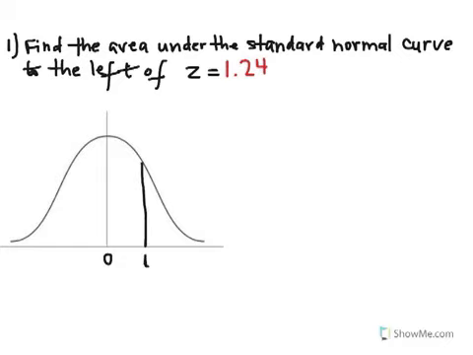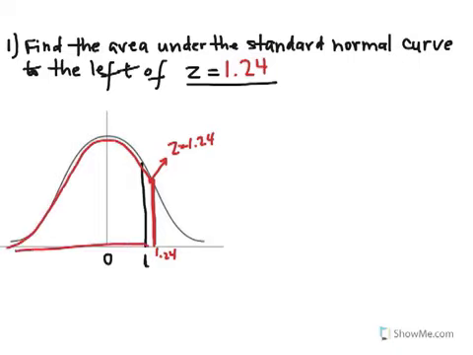So since the z-score is 1.24, then this would probably fall just above the 1z. So this is going to be z equals 1.24. So let's understand that again. From this point on, 1.24, we want to find the area under the standard normal curve to the left of this. So what is going to be the area to the left? It's going to be all this area here. So all of this.